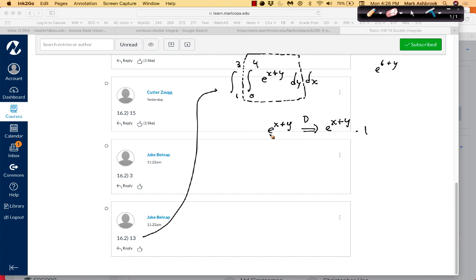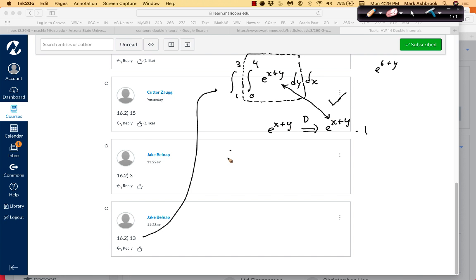If I do, then I confirm that this is the right antiderivative. And that's what I did. I took e to the x plus y. The derivative is e to the x plus y times the derivative of the interior with respect to y, which is 1. Therefore, I got what I started with, and that's my check that this is the right antiderivative.